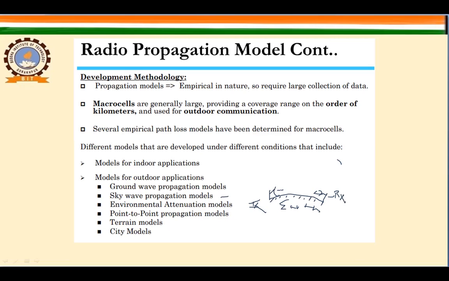If waves are sent, go straight, and are received by the receiver, then such type of transmission is known as line of sight.